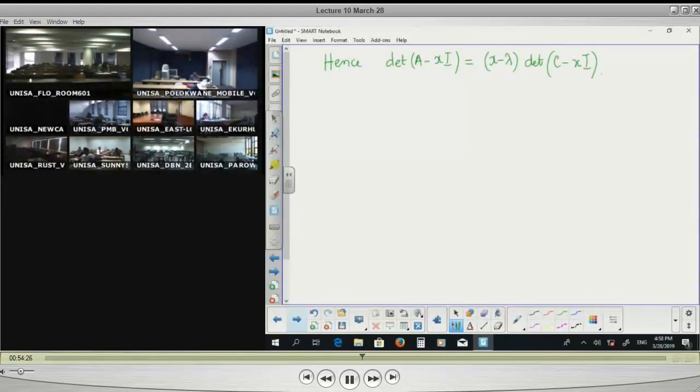Remember, I used this. If you have a square matrix, here is one block, and here is something, say, and here is another block. Okay? The determinant of this is a square matrix. Okay? The determinant of this whole thing is actually the determinant of this times the determinant of this. Yeah?